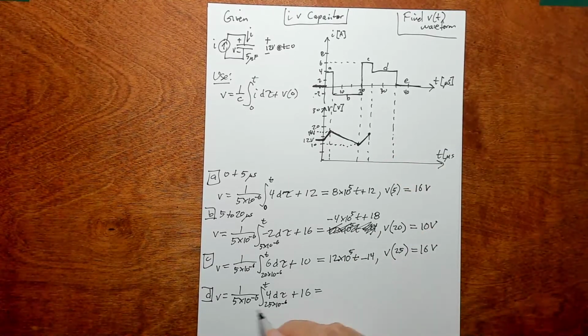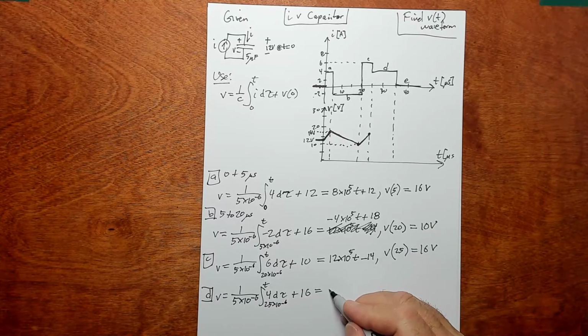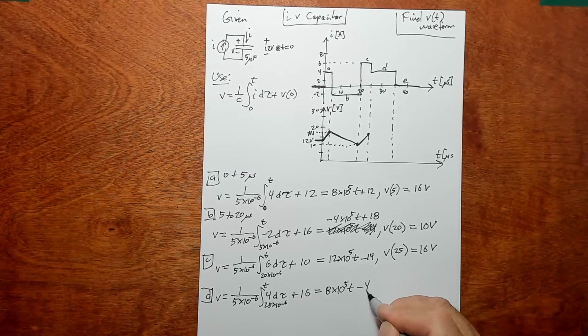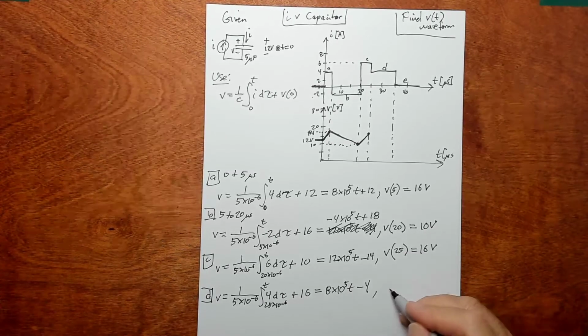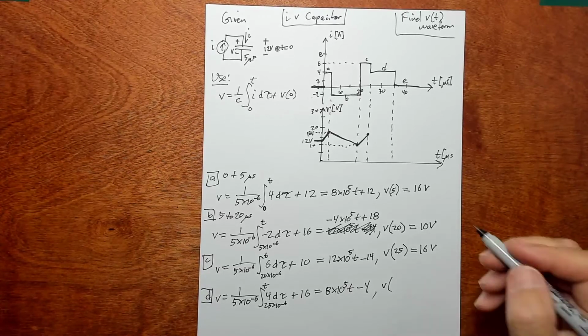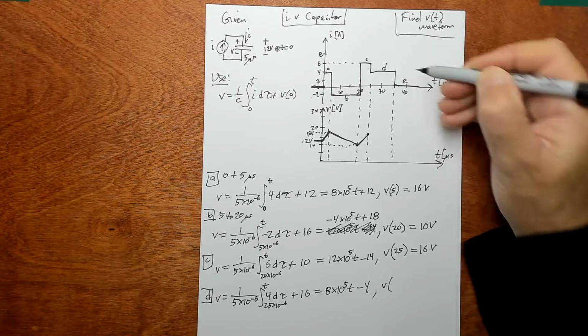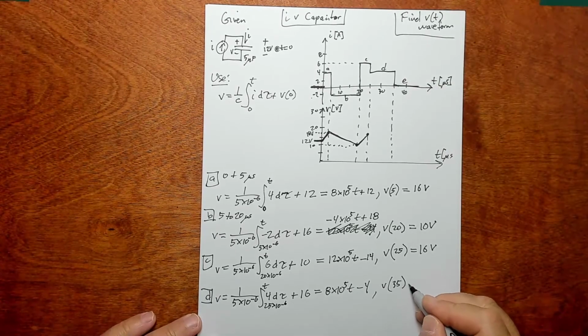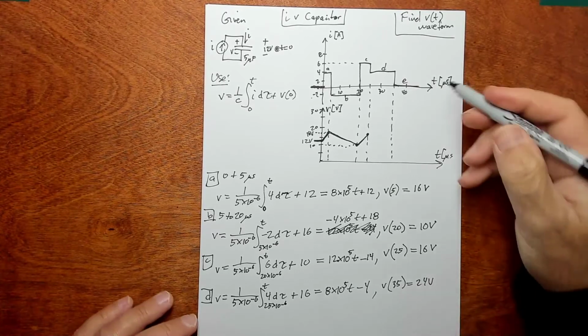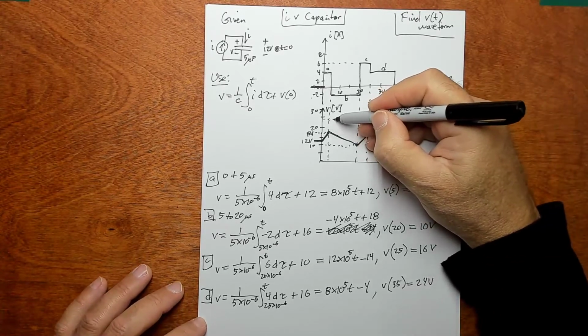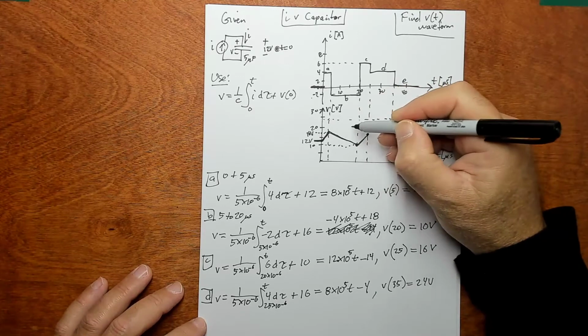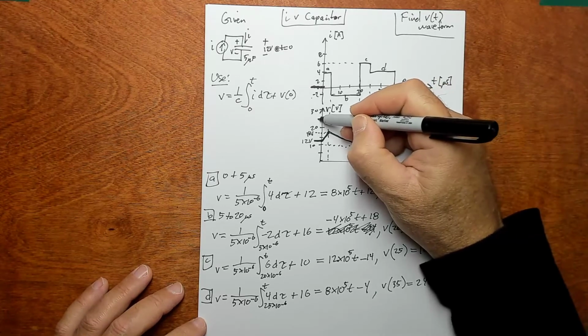Work that out, crunch through this and do the integration part, plug in the limits of integration, all that. What you end up with is 8 times 10 to the 5th t minus 4. Solve that at the end of the interval, which is 35 microseconds, and you end up with 24 volts. So this guy goes up to, go over here, goes up to 24 volts.